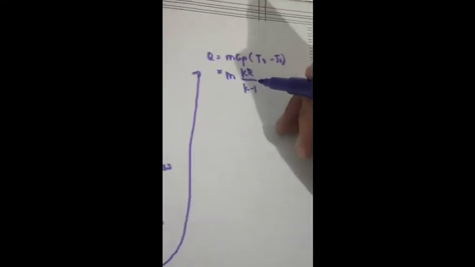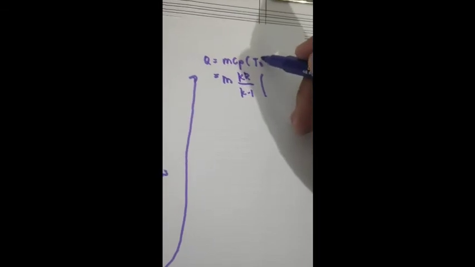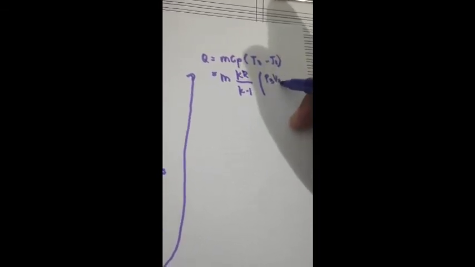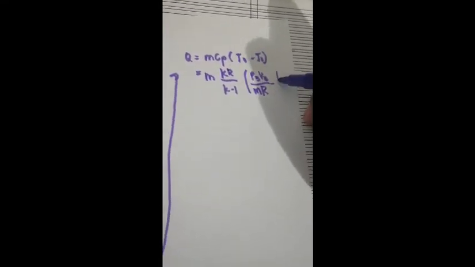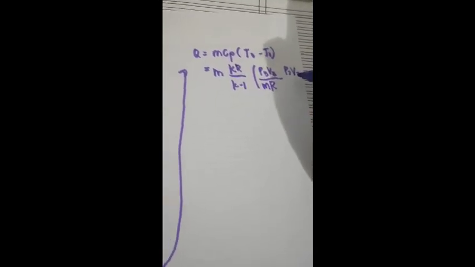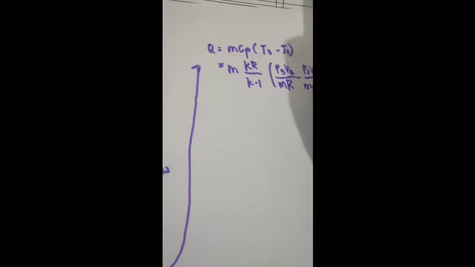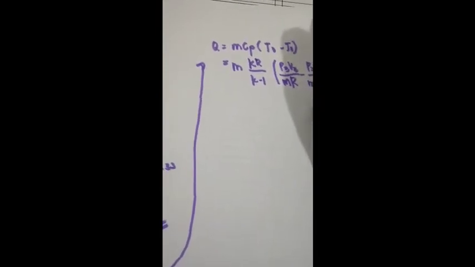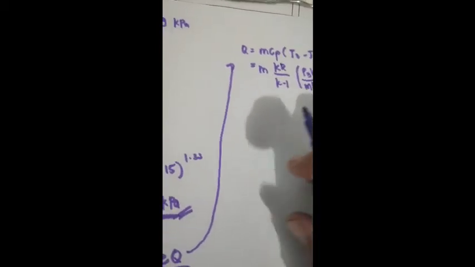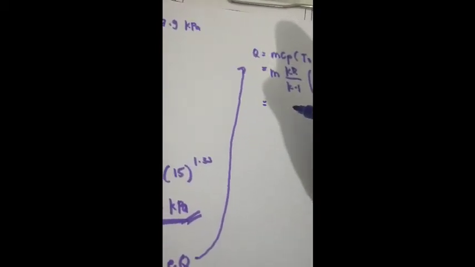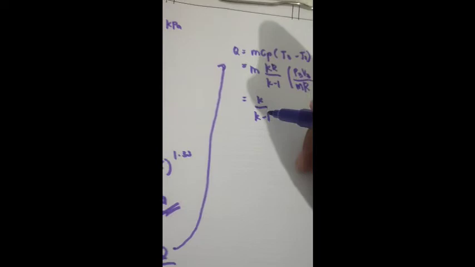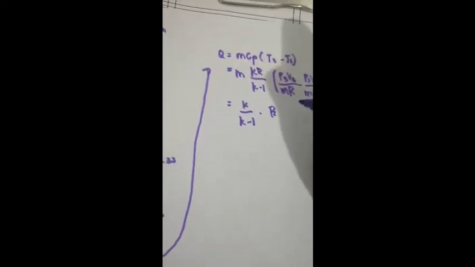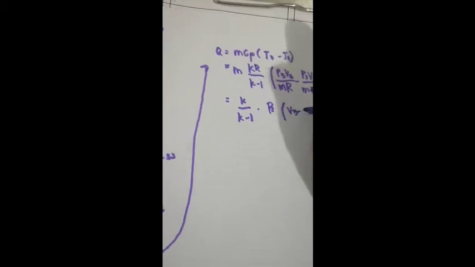The formula for Cp is Kr over K minus 1, and you will use the ideal gas law for this, which is P3 V3 over Mr minus P2 V2 over Mr. So from this you can get this formula, K over K minus 1 times P2 times V3 minus V2.